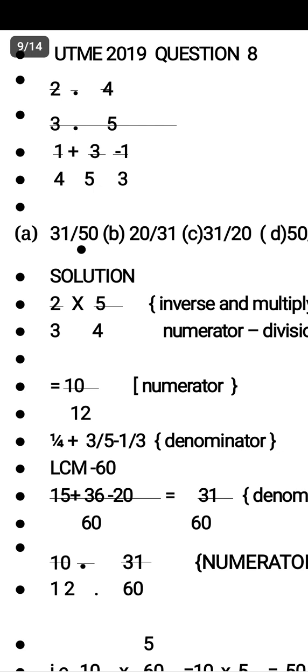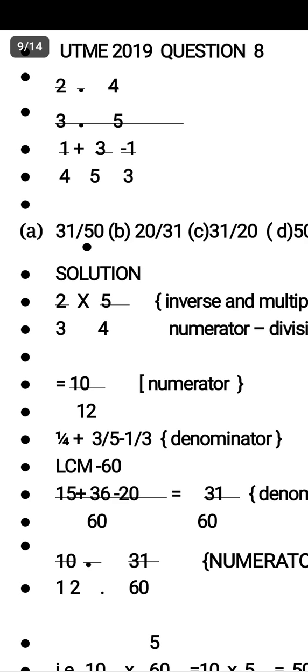You see, 2/3 divided by 4/5. Please put the division sign there. 2/3 divided by 4/5, then over 1/4 plus 3/5 minus 1 over 3. That is what the question says.